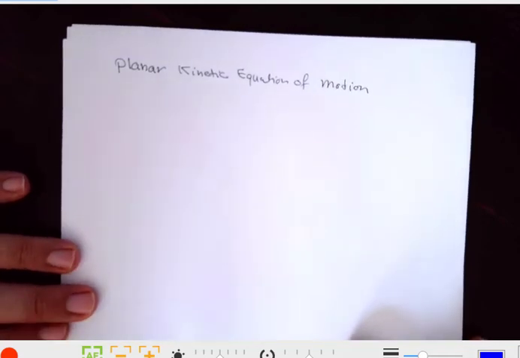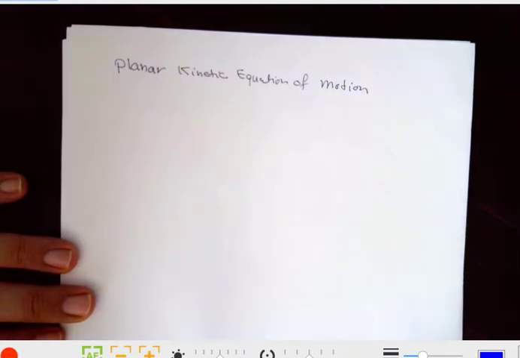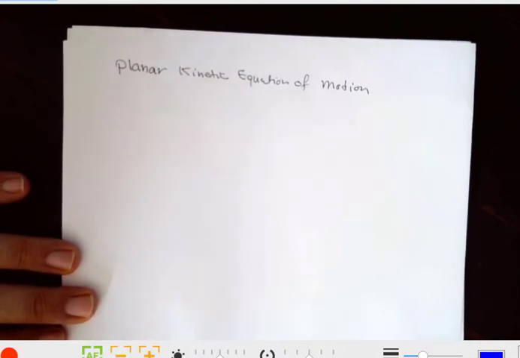Hello class. In this chapter, we will learn about the planar kinetic equation of motion. The first section of this chapter was a review of the mass moment of inertia, the I, computed at different locations.